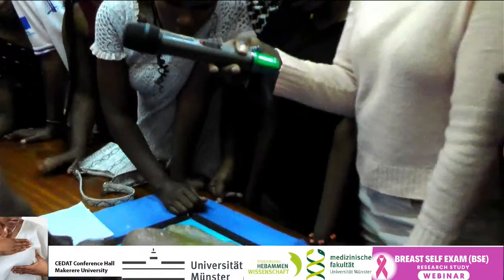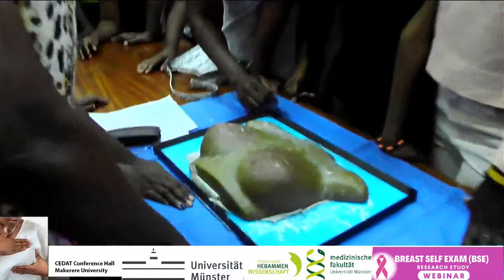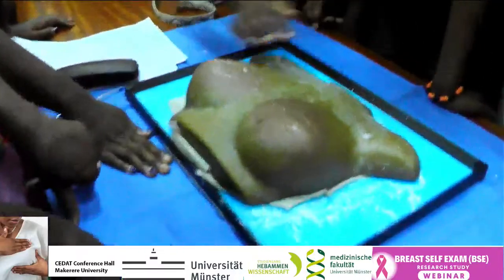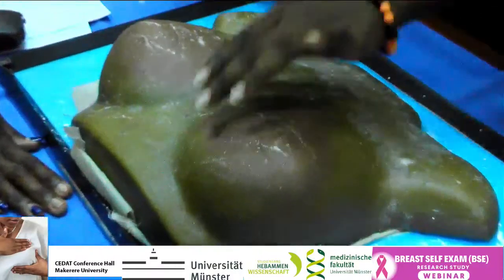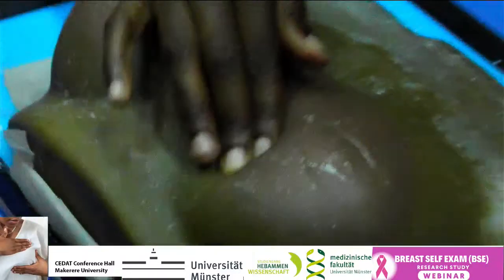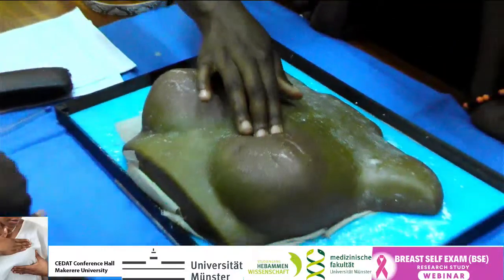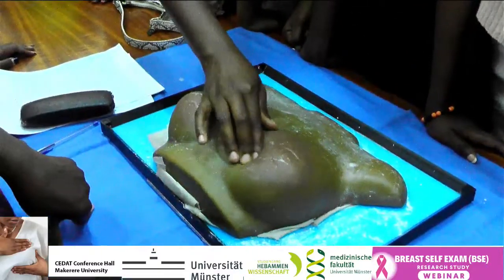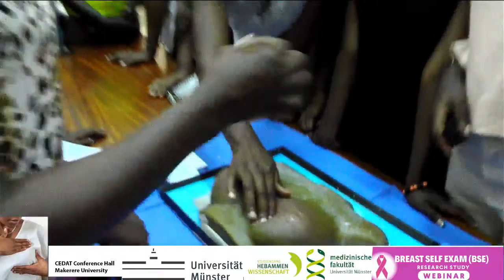On inspection, if you see something like this on the skin, those are the things we look out for. Is it a swelling or a depression? If it's just like a wound, even if it's a wound, it's not supposed to be there. It could be indicating something, either an infection or anything.